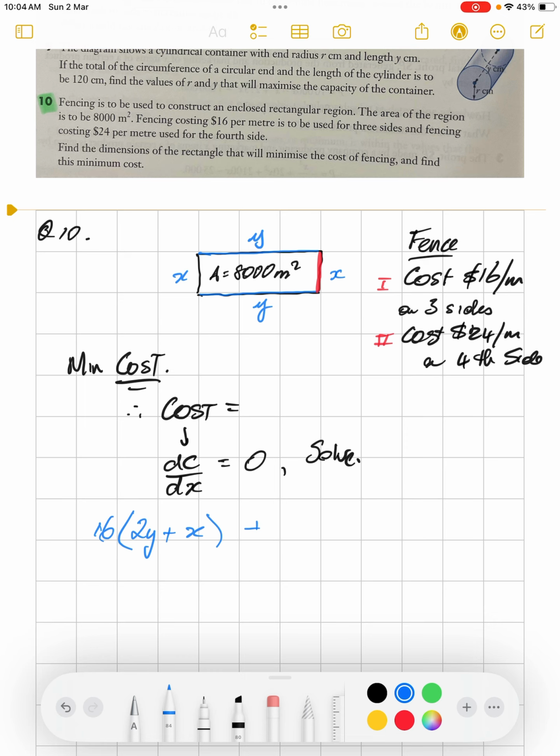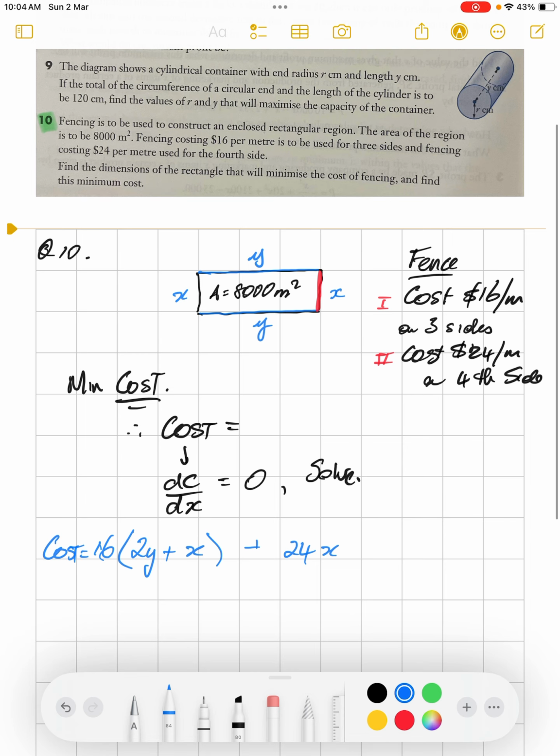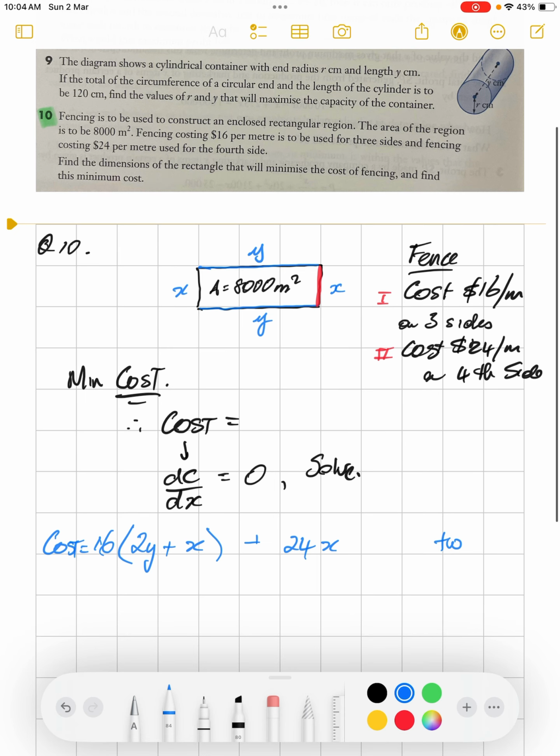Now, we've got two variables in here. So what we've got to do is use the other piece of information to substitute out. We're told that the area is 8,000, which means xy is 8,000. Since the x is just on its own, let's say x is 8,000 over y.